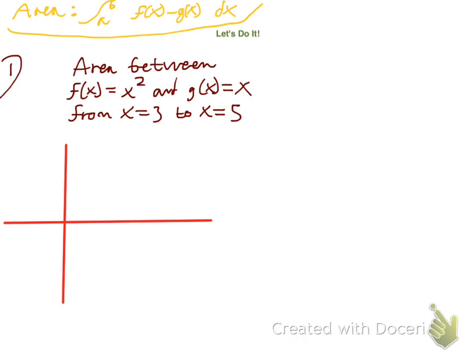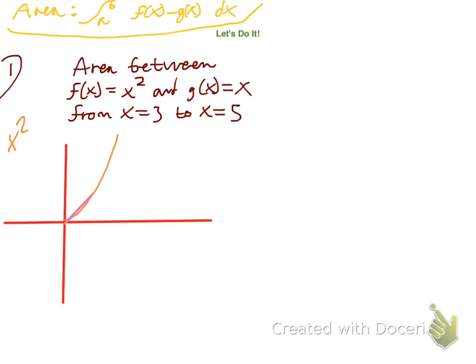So we have our makeshift coordinate plane right here, because I don't have graph paper. And so here we go. f of x equals x squared maybe looks something like that. That's x squared. And then we have g of x equals x, which maybe looks like, you know what, I should just use a line tool again.